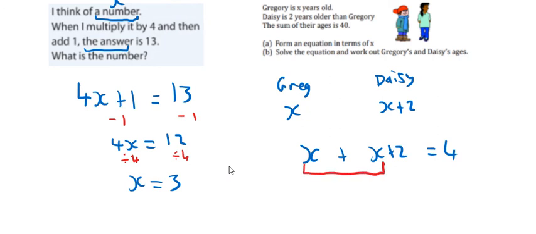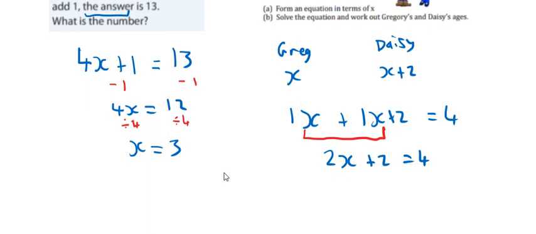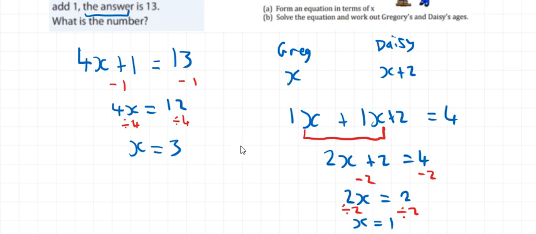Remember, x is the same thing as 1x, so 1x plus 1x really is 2x. The plus 2 is still there, equals 4. Then we're trying to get the x on the left hand side, so I can subtract 2. So 2x equals 2, and if I divide by 2, x equals 1.